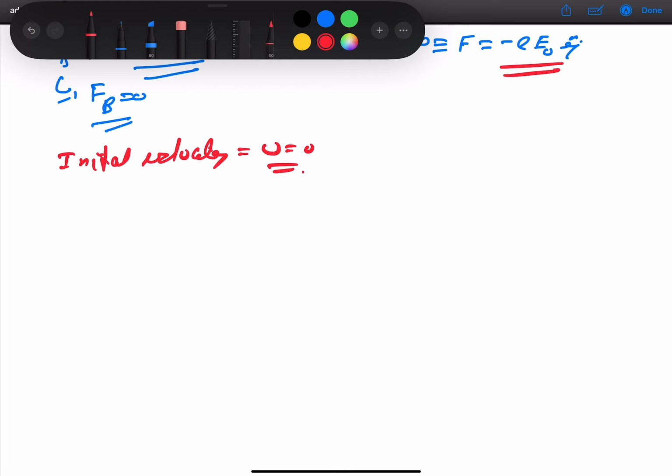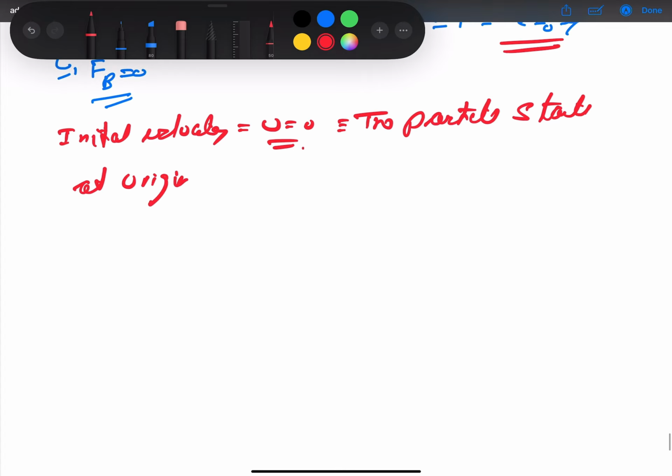So you can say the particle starts at origin and force F acts along minus Y unit vector.